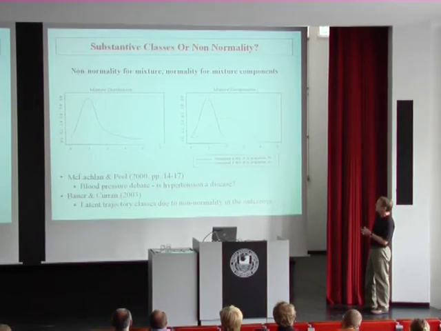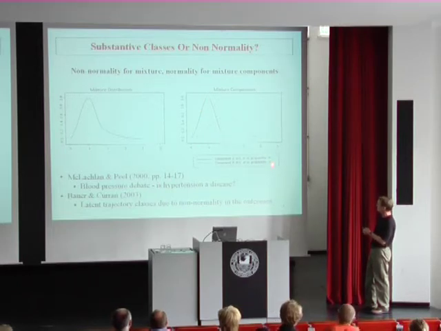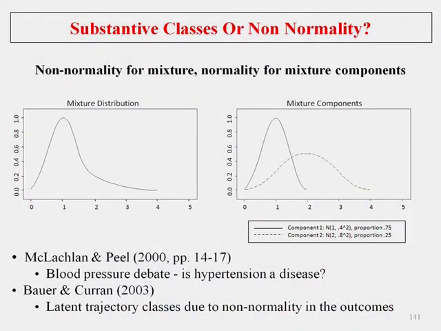One is that it comes about because you have a mixture of, say, two normals. If you mix two normals together in proportion 75%, 25%, with slightly different means, perhaps slightly different variances, but you don't even need slightly different variances. If you mix them together, the distribution will look like that.